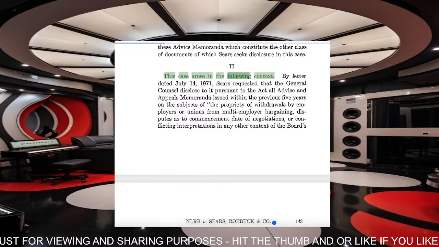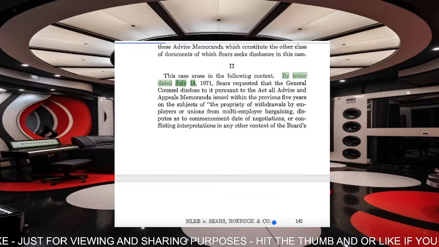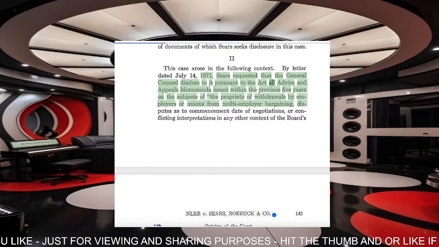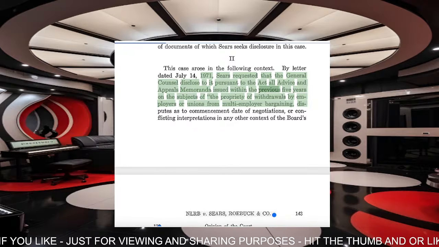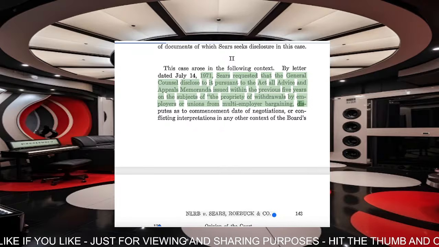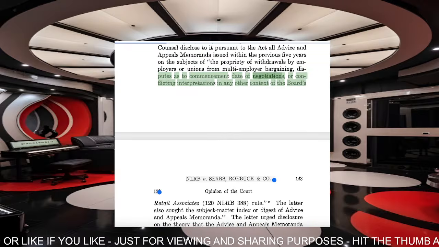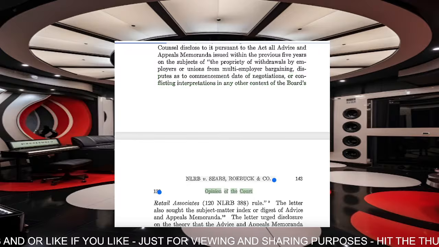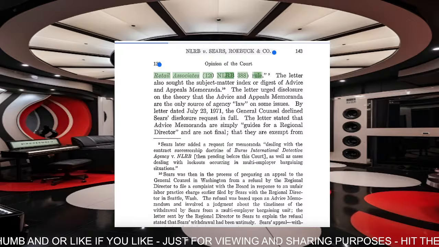This case arose in the following context. By letter dated July 14, 1971, Sears requested that the General Counsel disclose to it pursuant to the Act all advice and appeals memoranda issued within the previous 5 years on the subjects of the propriety of withdrawals by employers or unions from multi-employer bargaining disputes as to commencement date of negotiations, or conflicting interpretations in any other context of the Board's Retail Associates rule.